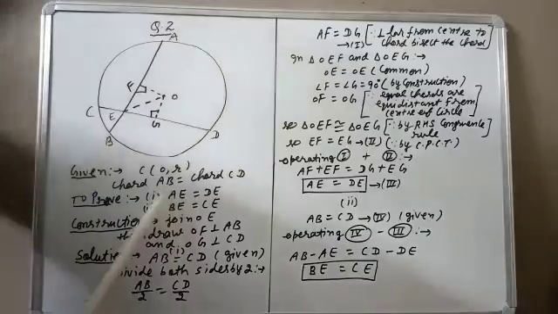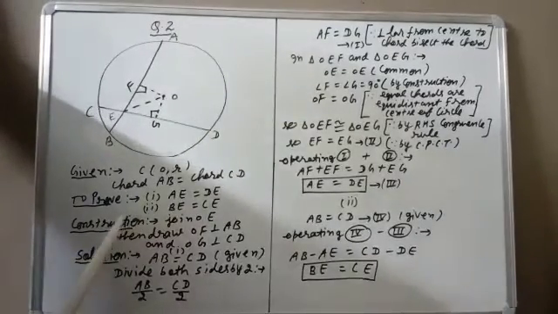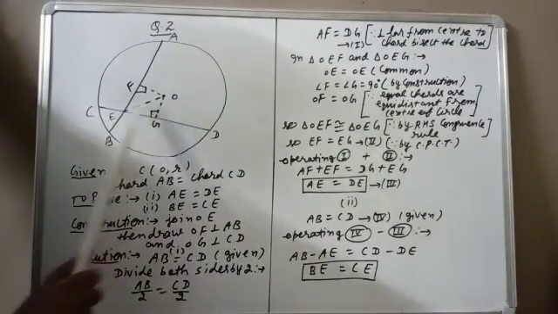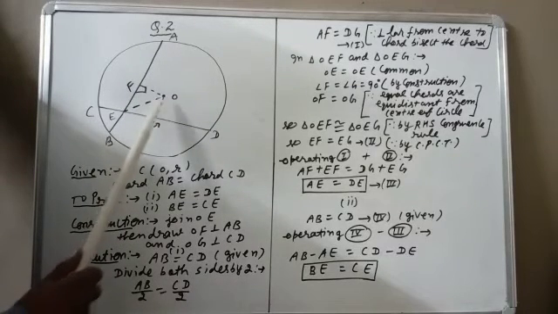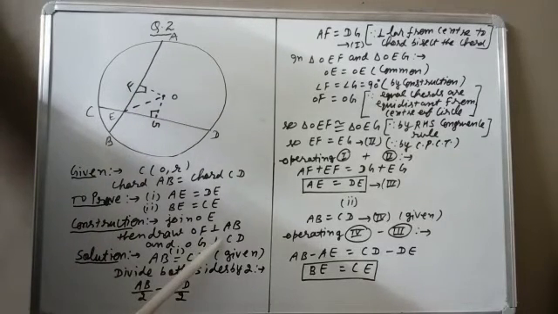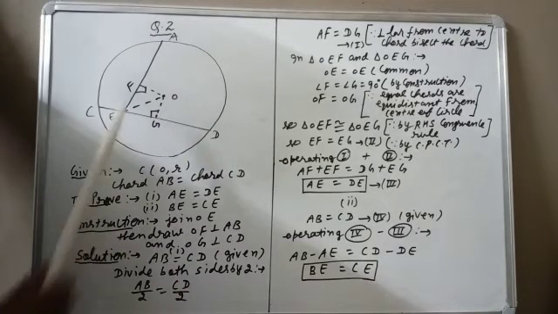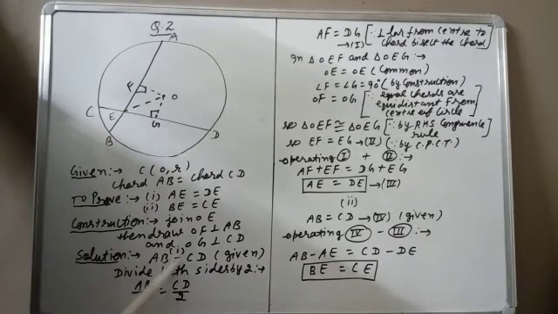So we can solve the question in two parts. Here is the construction: join OE and draw OF perpendicular on AB and OG perpendicular on CD. So given, to prove, then construction. Now solution. Here AB and CD are equal, so divide both sides by 2: AB upon 2 equals CD upon 2.